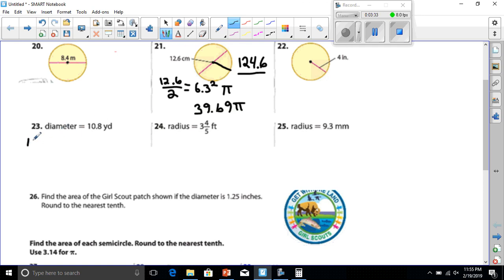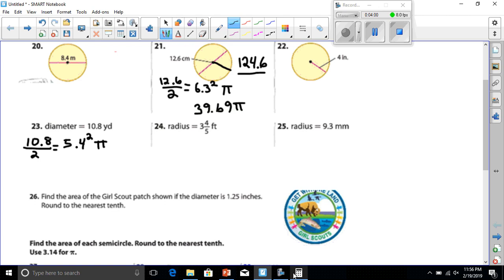So we're going to take 10.8 and divide it by 2. That should give us 5.4. And now we've got to square 5.4, because that's our radius, and then multiply it by pi.